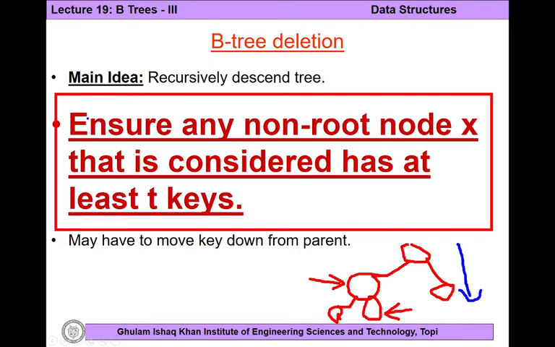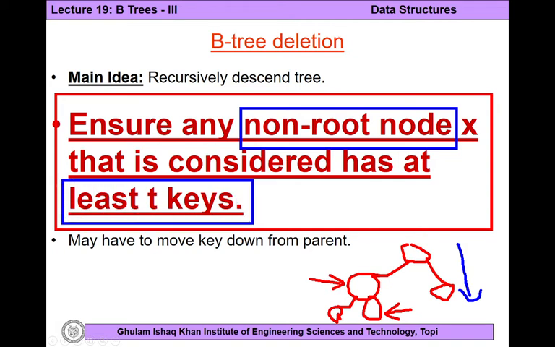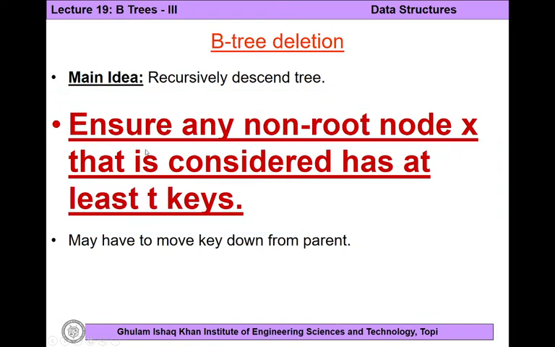So while doing so, we need to make sure that any non-root node shall contain at least t keys while we go from up to down, right? So this is a very important point, and I'll be emphasizing it later.